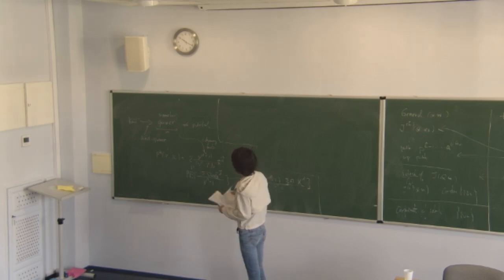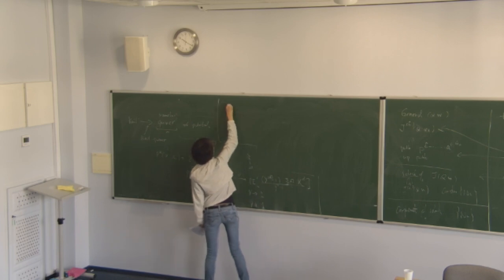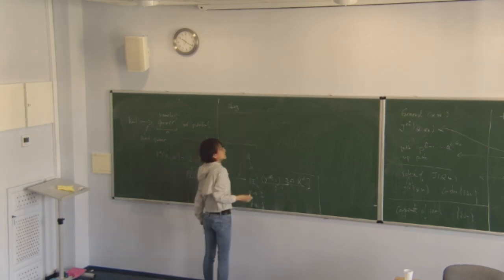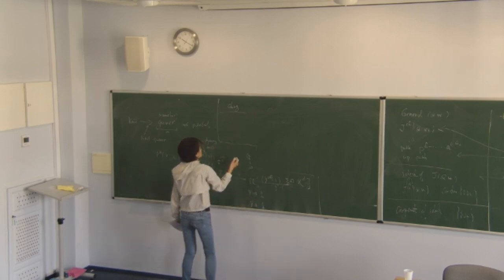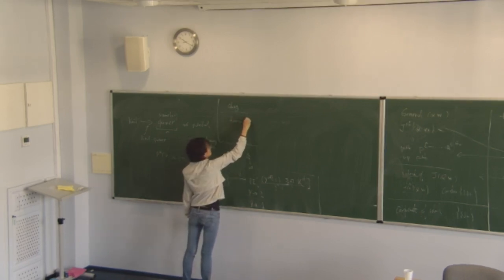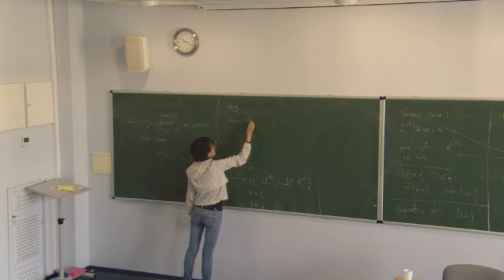For the last 10 minutes, I want to explain the gluing story. The basic idea, as I explained earlier, is that suppose you look at this toric Calabi-Yau 3 case.